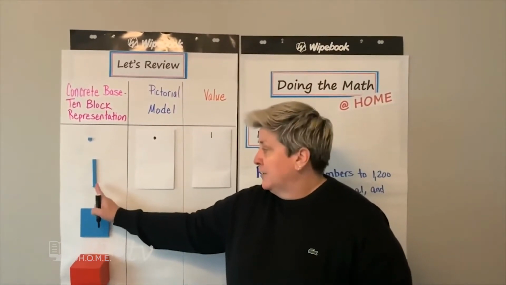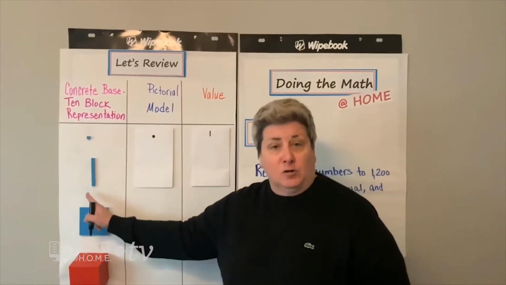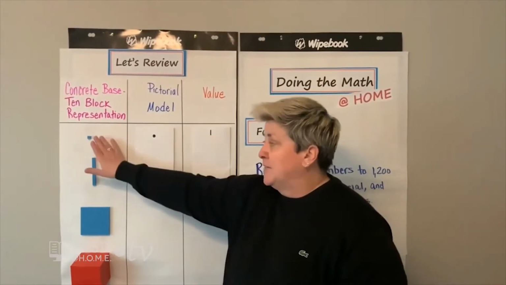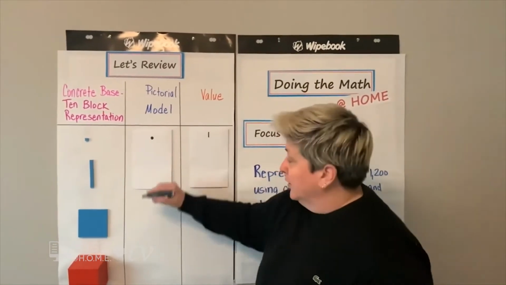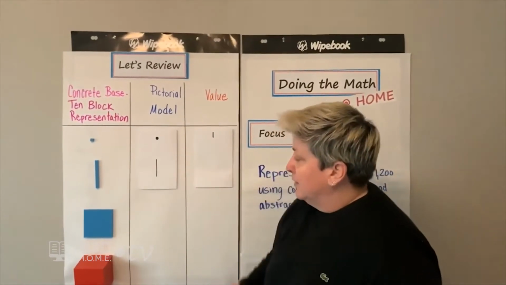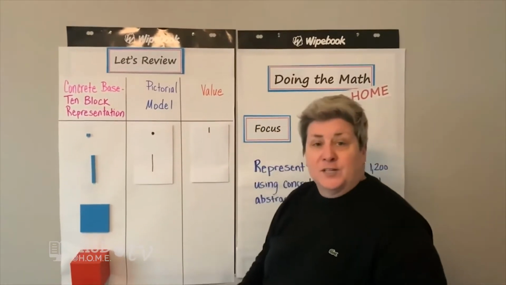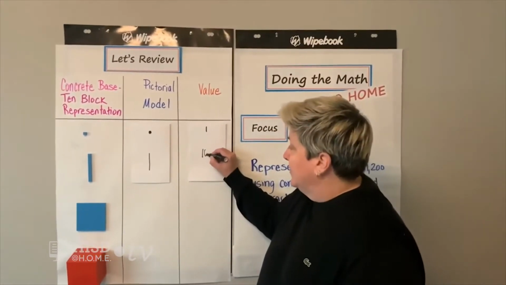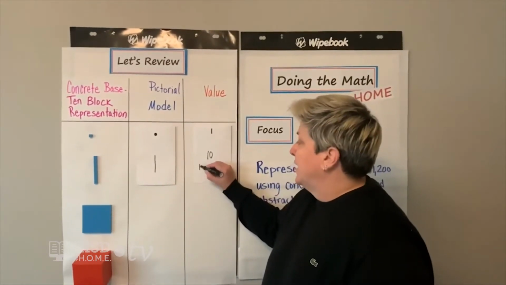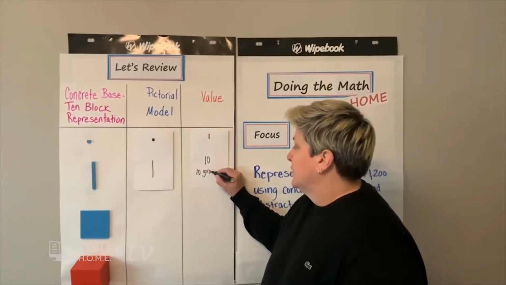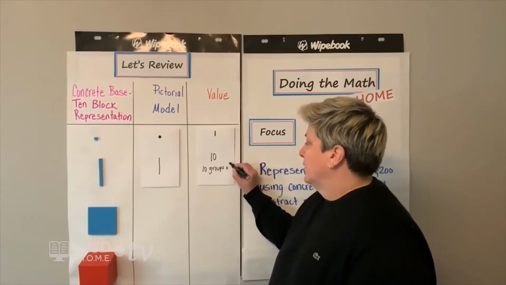Our next base 10 block is a long, which is composed of 10 groups of units. We represent a long using a line, and we know that its value is 10, and we also know that it is composed of 10 groups of 1.